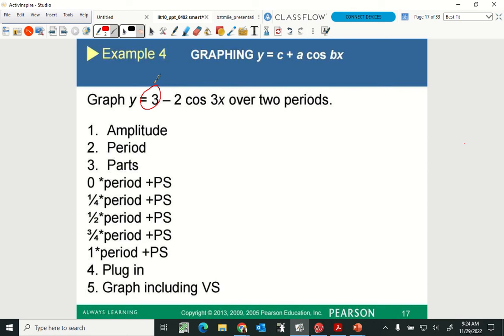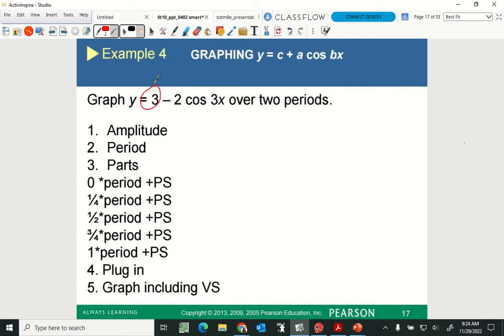I'm moving my center line, shifting my entire thing up 3. So the vertical shift is going to either move up or down. This one's positive, so it's going to shift up 3. Instead of wrapping my wave around the x-axis, it's now going to move up 3, and then it's going to start there. It'll make sense when we actually go through and do everything.